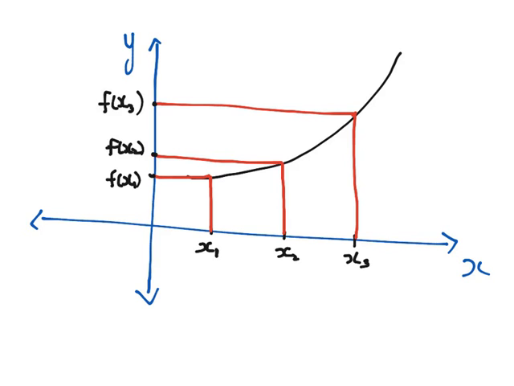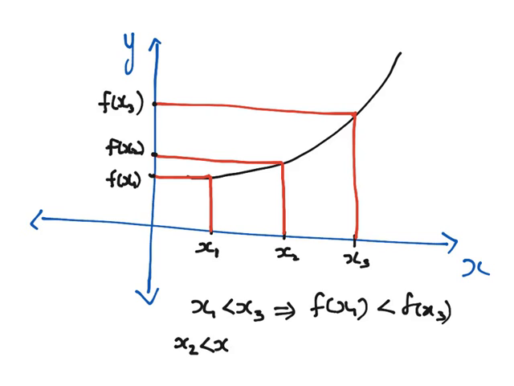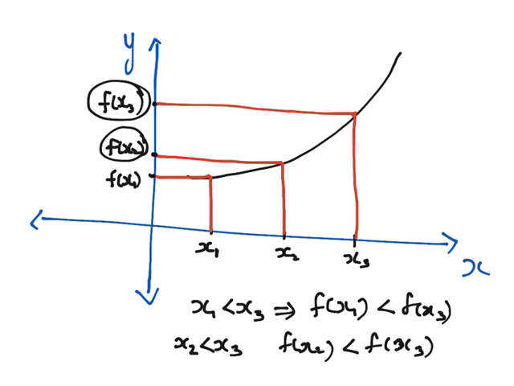We can see that x1 is smaller than x3, and it implies that f of x1 is smaller than f of x3, isn't it? And x2 is smaller than x3, and we can also see that f of x2 is smaller than f of x3, right?